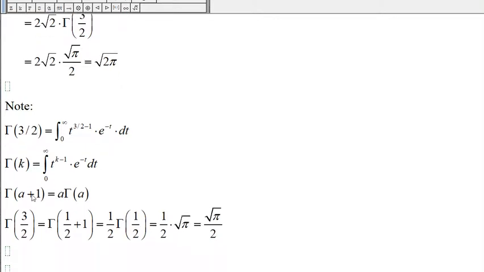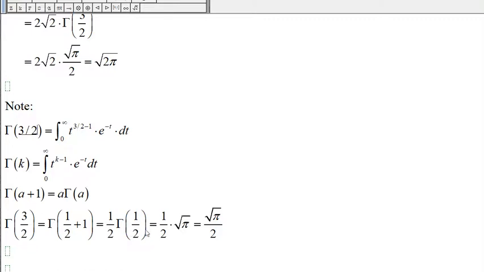For the gamma function, we have gamma of a plus 1 is equal to a times gamma of a. So gamma of 3 halves, we can write as 1 half plus 1, so a is 1 half. So gamma of 1/2 plus 1 will be 1/2 times gamma of 1/2.